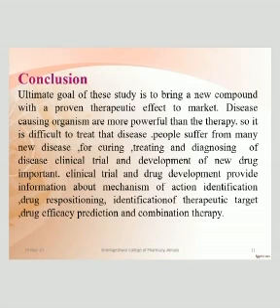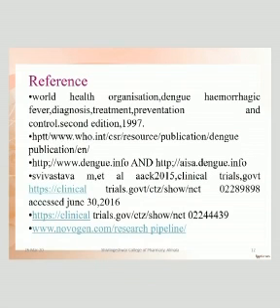For curing, treating and diagnosis of diseases, clinical trials and development of new drugs are very important. Clinical trials and drug development provide information about mechanism identification, drug repositioning, identification of therapeutic targets, drug efficacy prediction, and combination therapy. These are the references.